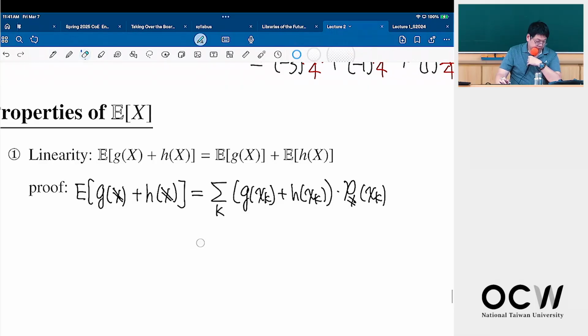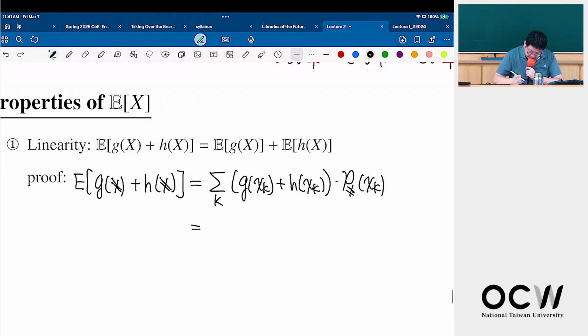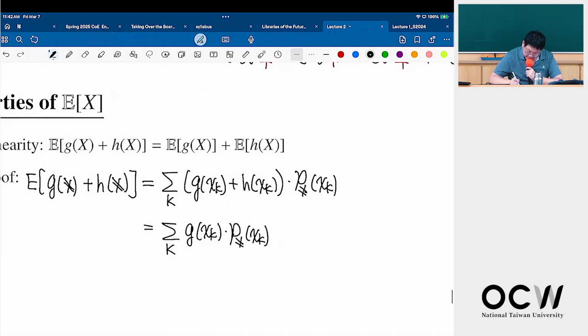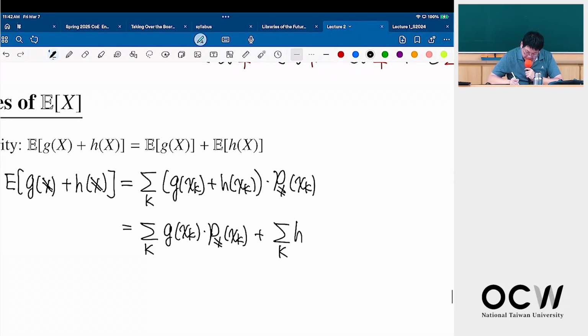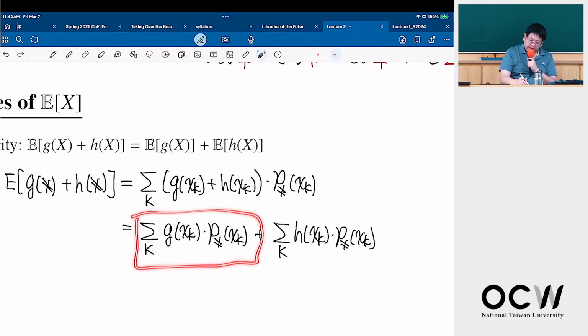Then we can separate that. So for this summation, I have two parts. The first, I consider g(xk) times the PMF of x, and also I sum another one that is the function h times the PMF of x. And now let's see the first term. What is the summation of g(x) times p(x)?